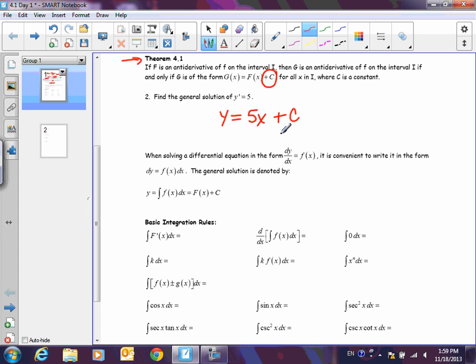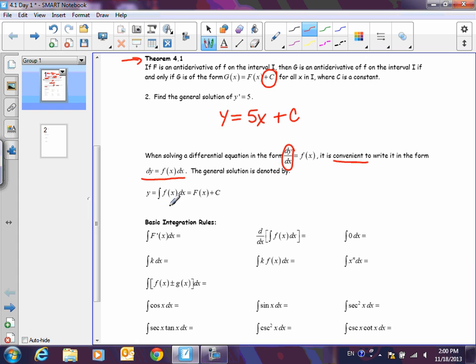So it says when solving a differential equation in this form, now remember dy over dx just means the derivative of y with respect to x, if we're given that, then it's convenient to write this in the form dy equals f of x dx. We put this step in here so that you understand why. If you look down here, you see all these little dx's.